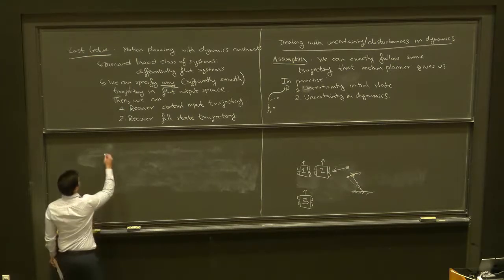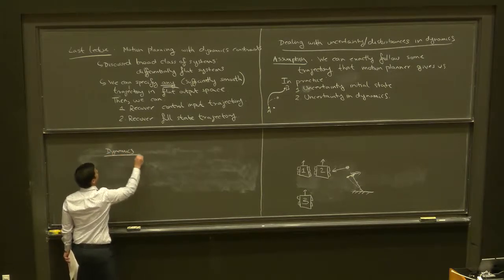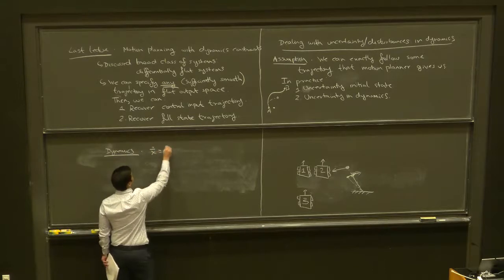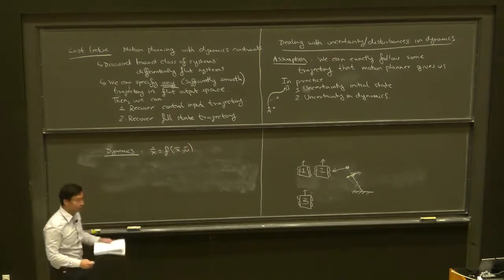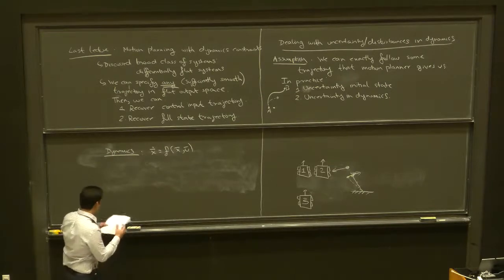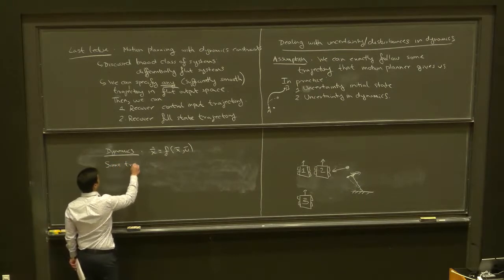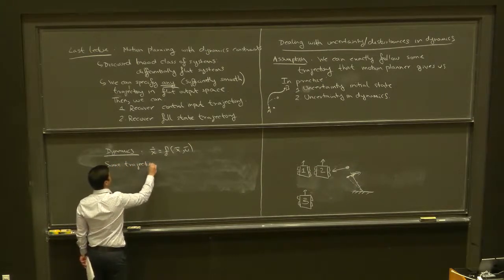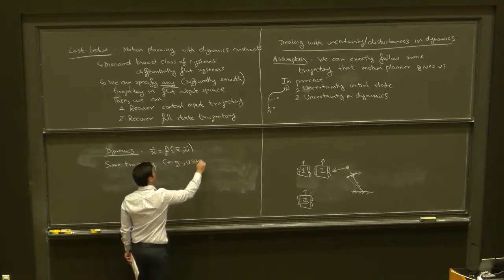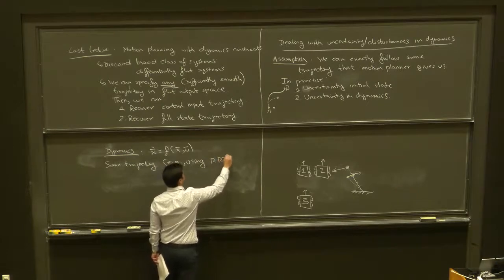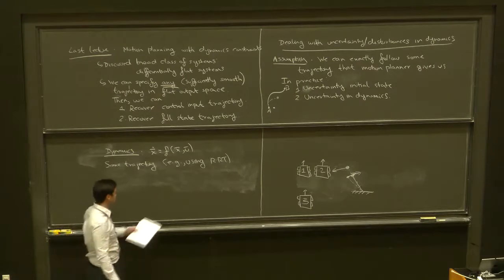So let's say we have, again, some dynamics, x dot equals f of x and u, as usual in our standard first order general form. And then suppose we have some trajectory that we're trying to follow, for example, found using one of the variants of the RRT algorithm that we described today that takes into account the dynamics of your system.